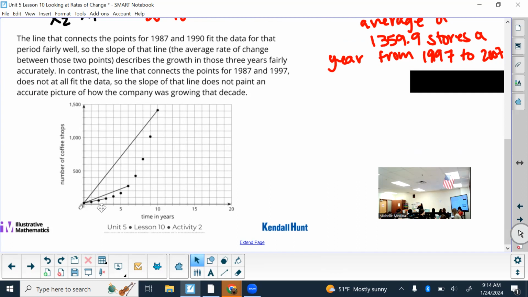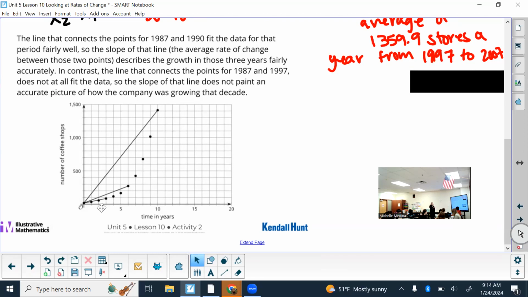This visually tells you that if you're looking at a smaller time frame, you're going to have a better estimate for that average rate of change. If you're looking at a bigger time frame, because exponential functions change at such a fast rate, it's not necessarily going to be a good fit. You see what I'm saying?